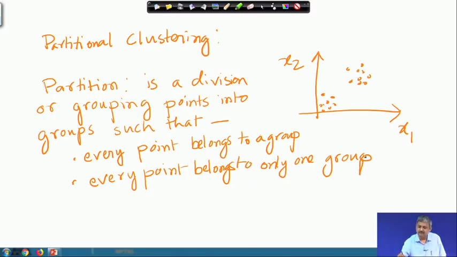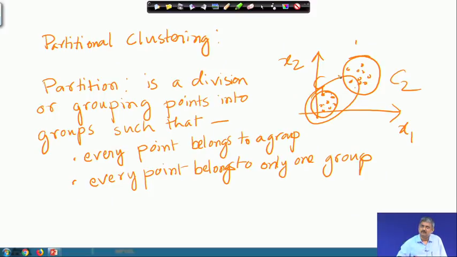So, if I group it into two, let me call it cluster 1, cluster 2, every point falls in one of these two groups. If a point is left out, it is not clustering. Similarly, a point belongs to only one group. In other words, you cannot have overlapping clusters.